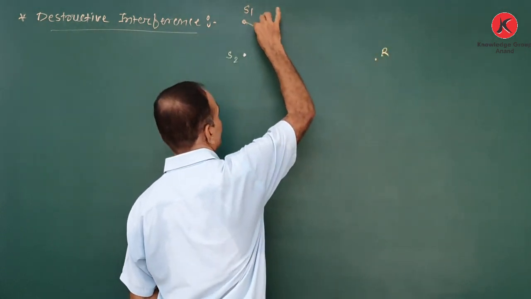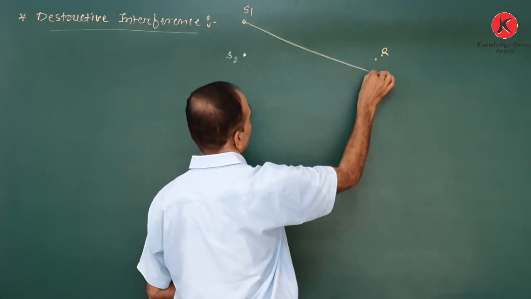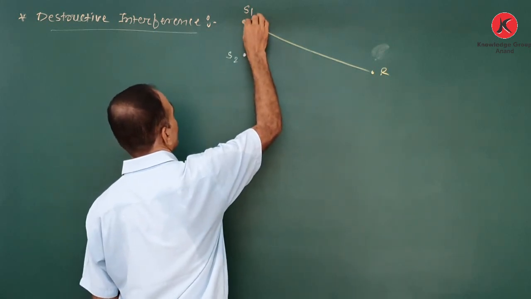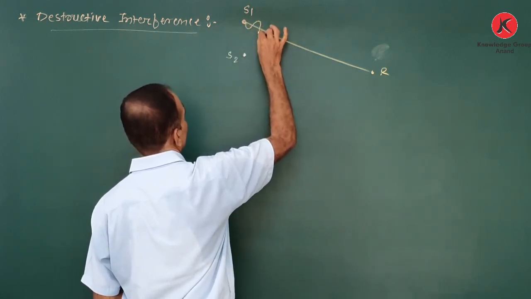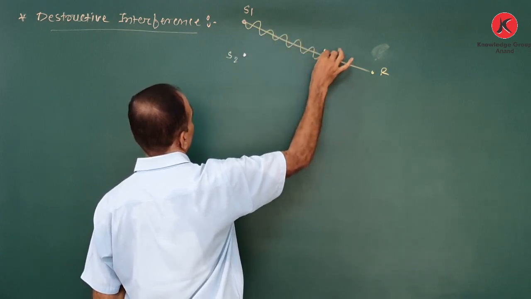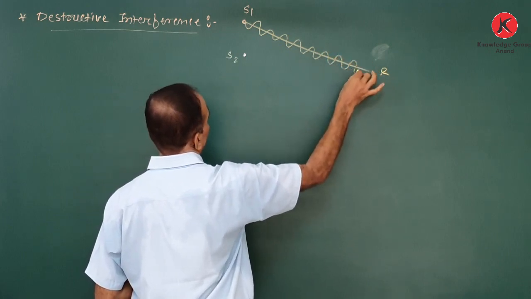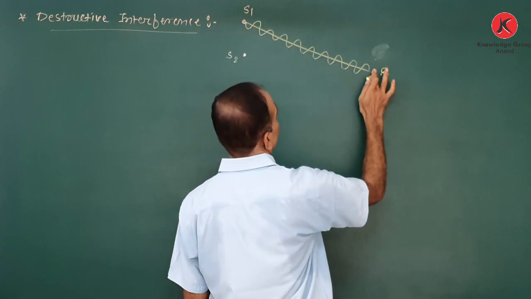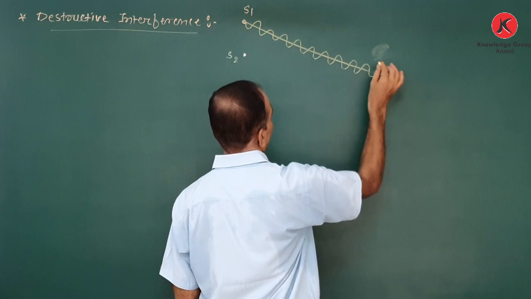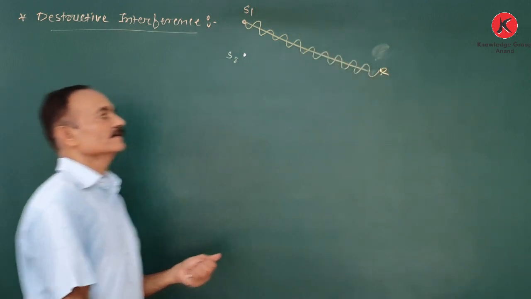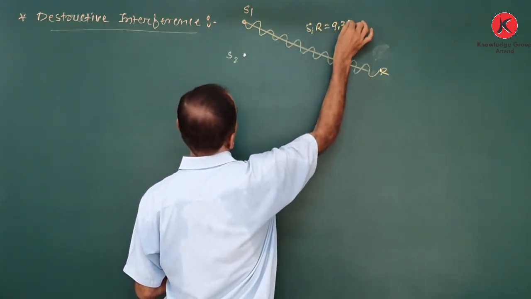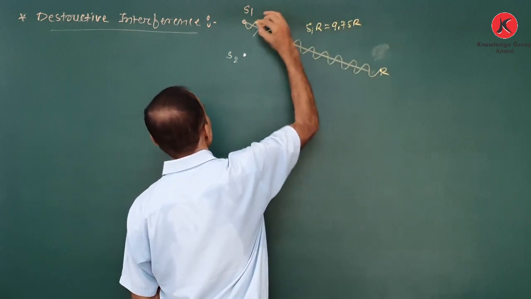Suppose the wave from S1 travels the distance 9.75 lambda, so S1R is equal to 9.75 lambda.